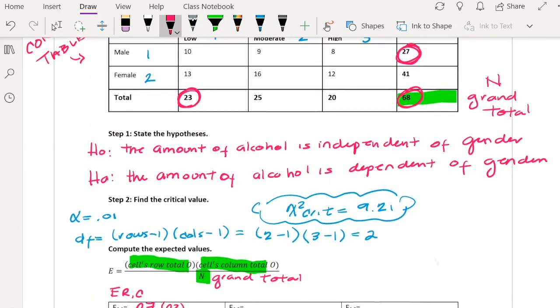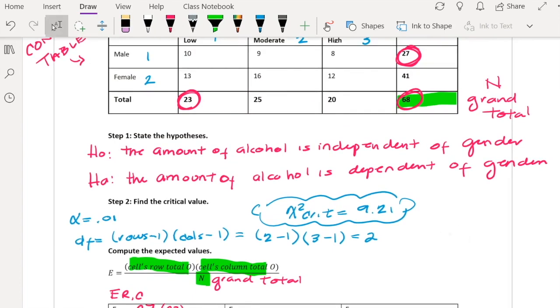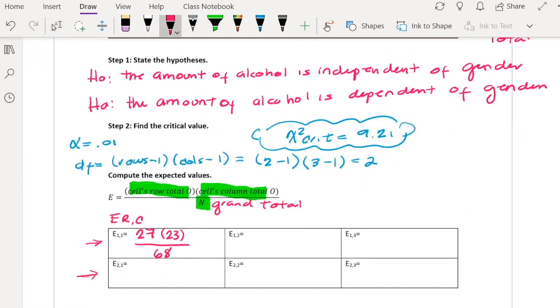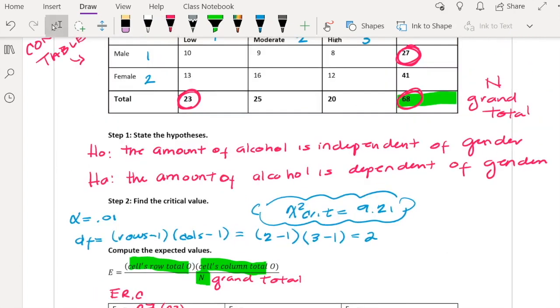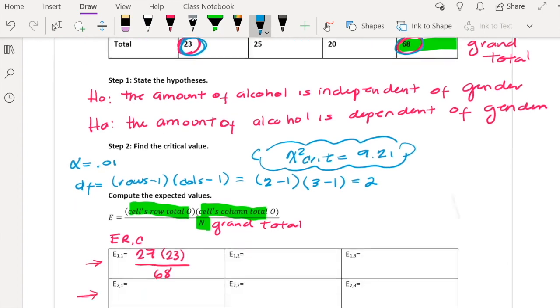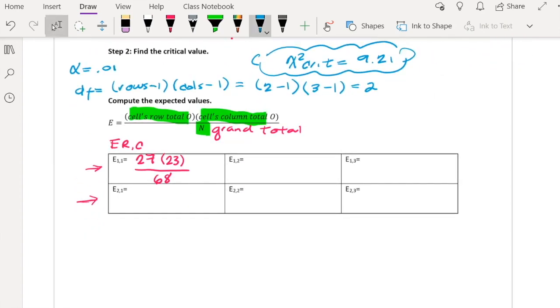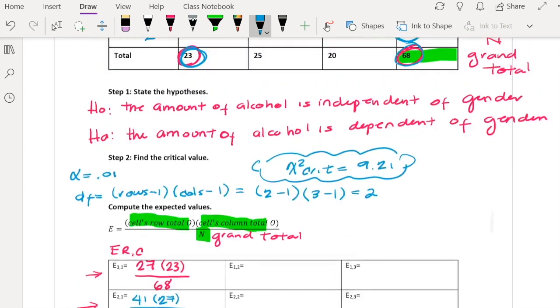I'm going to go down this time. So here it would be row 2, column 1: row 2 total times column 1 total over the grand total. 41 times 23 over 68. It doesn't really matter which way you go, as long as you know where you're going. Sounds very inspirational.